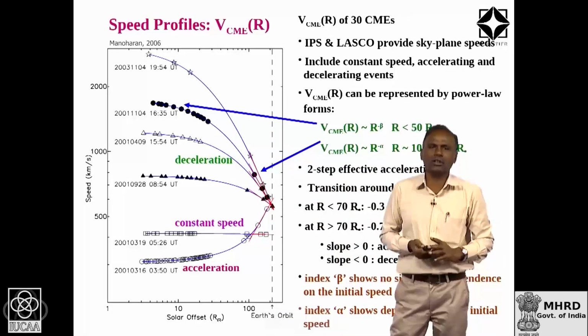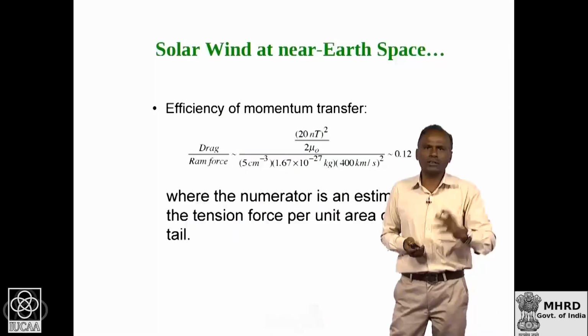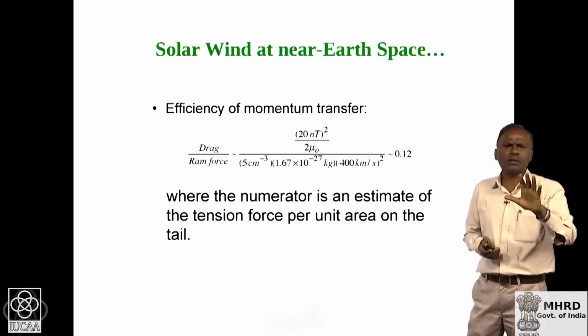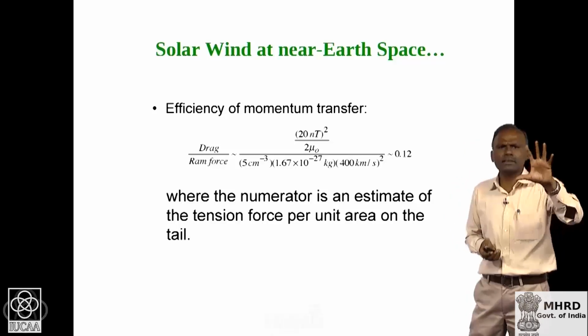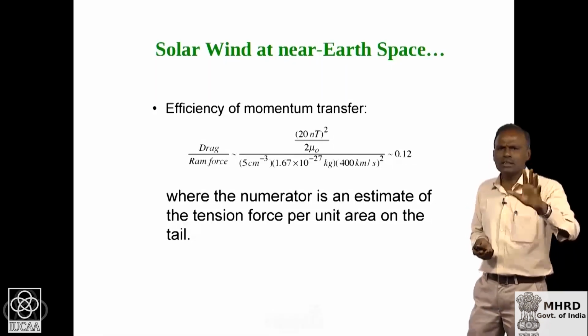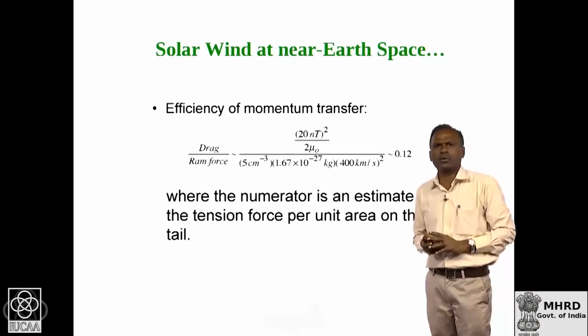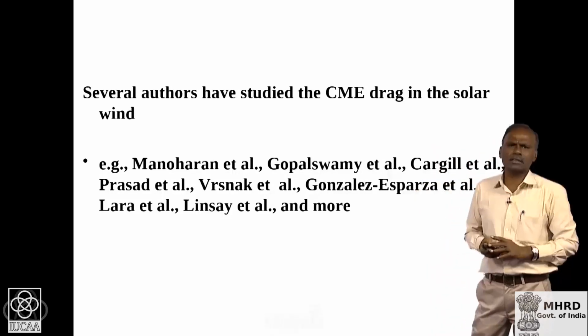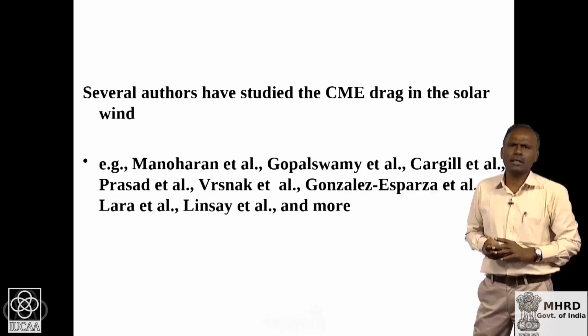So those results came from the Ooty radio telescope. So actually this gives the efficiency of momentum transfer, determined by the drag force and ram force. So this gives a typical idea about this thing. Several other authors have studied the drag effect.